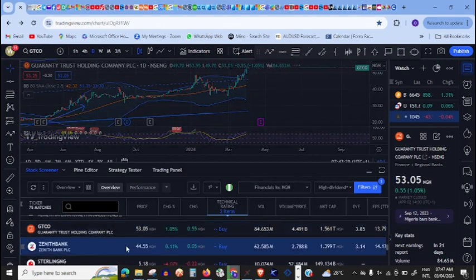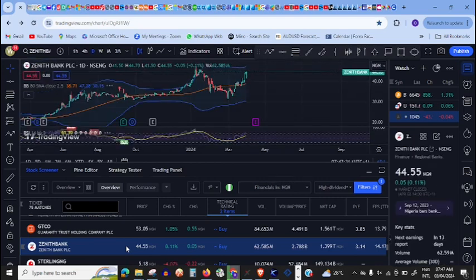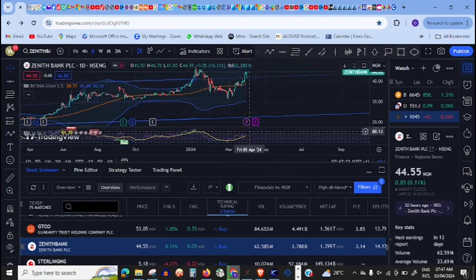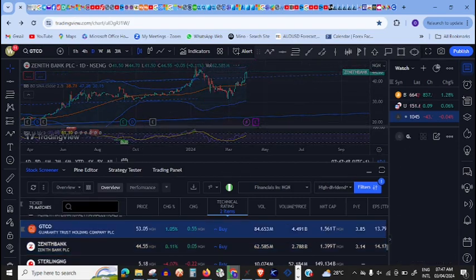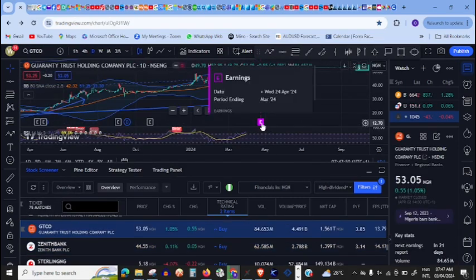For this week, I'm looking for buying opportunity in the market. Zenith 2 is gone. Earnings expectation is around 24th of March. Okay, the date is actually 16th of April for GTCO. Let me see. 24th of April. Okay.